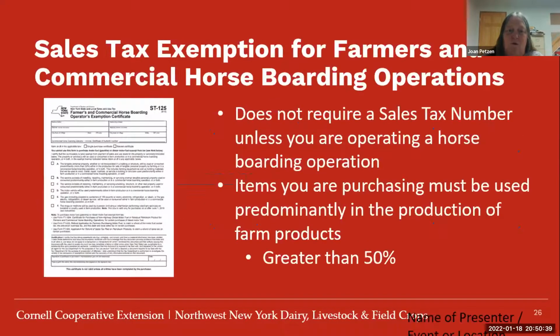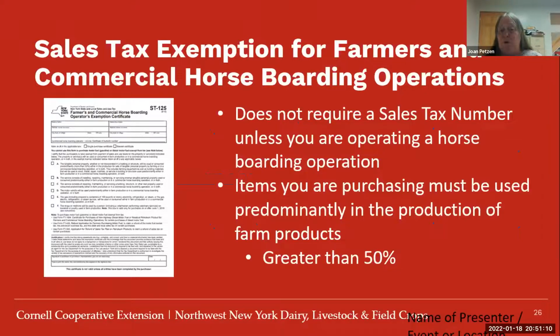A more common question that we get from farmers is information about the sales tax exemption for farmers and commercial horse boarding operations. And this is the form. It's ST-125. You can download it from the state website. If you just Google New York State ST-125, it will bring you to this form and you can download that.